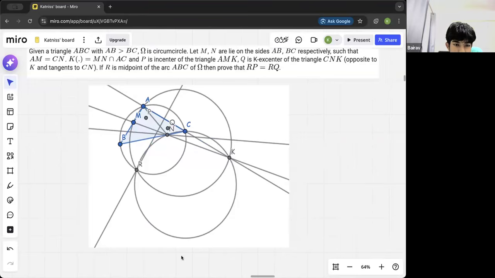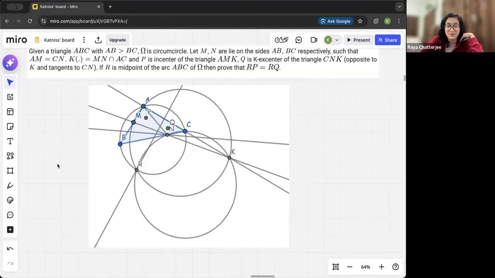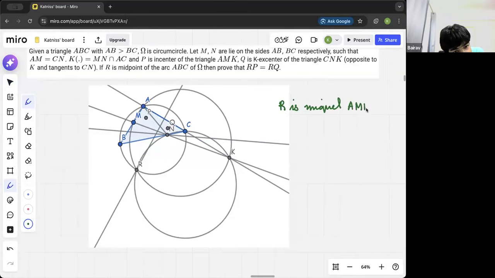Okay, wait, this looks like NCA, it looks spicy. Miquel. Yes, it is Miquel. R is the Miquel point. Okay, so I'm just going to write it down. So R is the Miquel point of AMNC. Okay, wait, I don't know why R is the Miquel point.